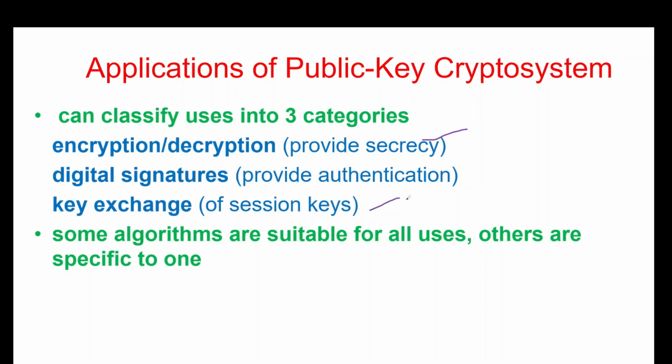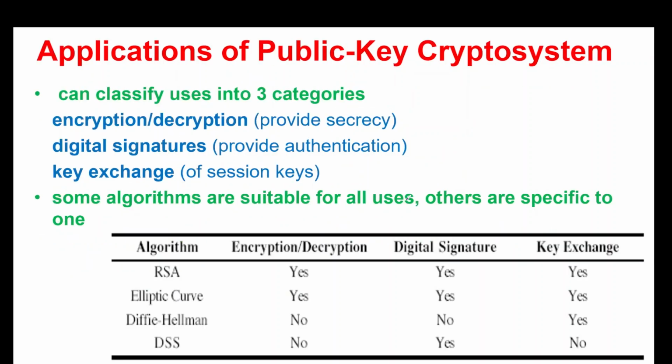We already discussed secret keys, like your private key crypto system. The major question about using a symmetric key is how to share the secret key between the sender and receiver alone in a secure way. That is possible using the public key crypto system for key exchange. One thing to note is that not all algorithms are suitable for all kinds of uses. Some are specific to certain applications.